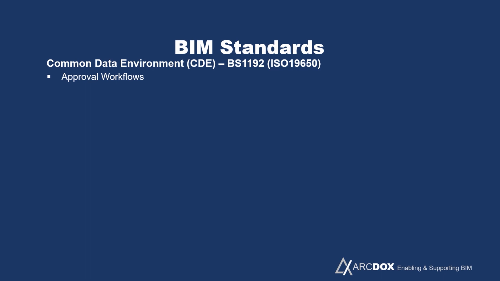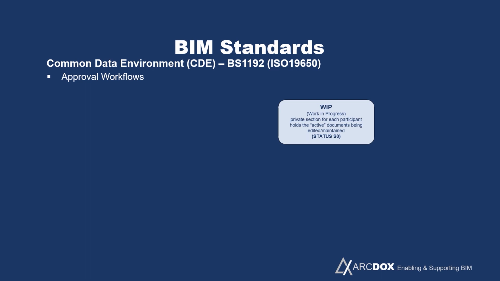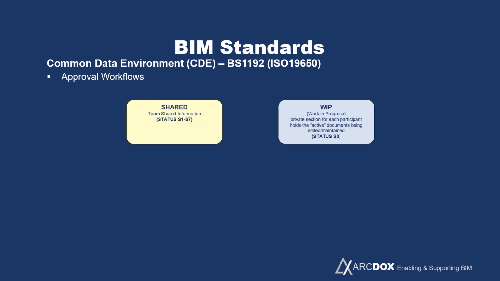The common data environment also deals with the management of those files and making sure that the files go through a rigorous checking and approval process. So files would start in a work in progress state, where people are working on them and developing them internally within their own organization before sharing them outside. When you want to share something outside of your own organization, it has to be officially approved by a manager.